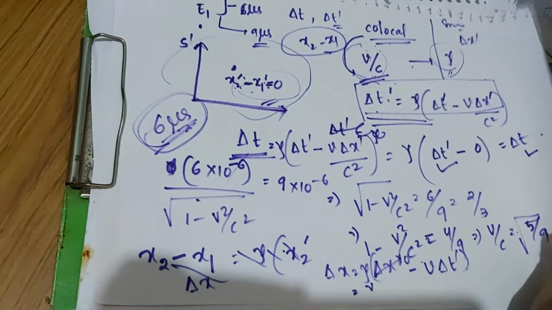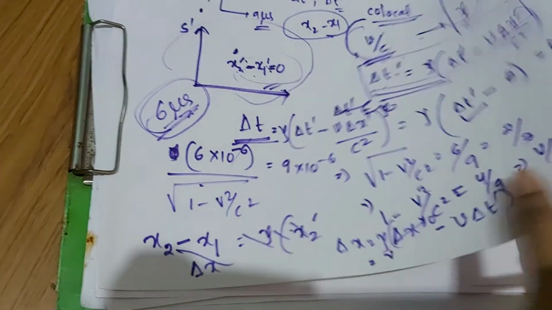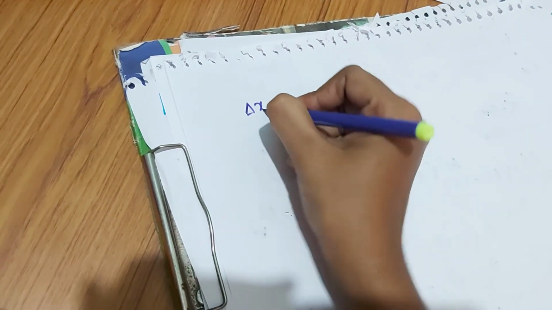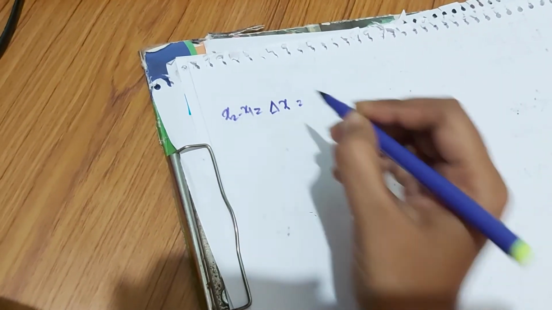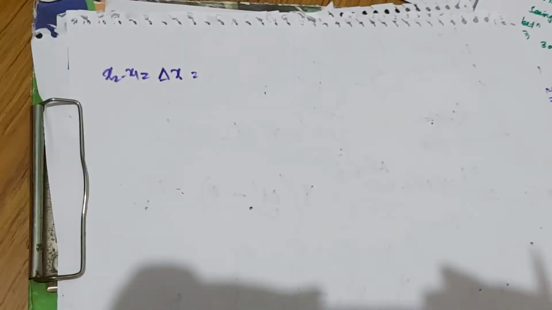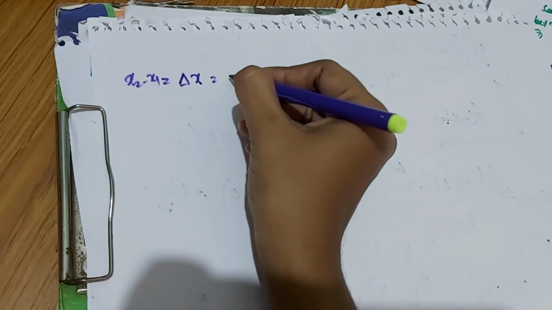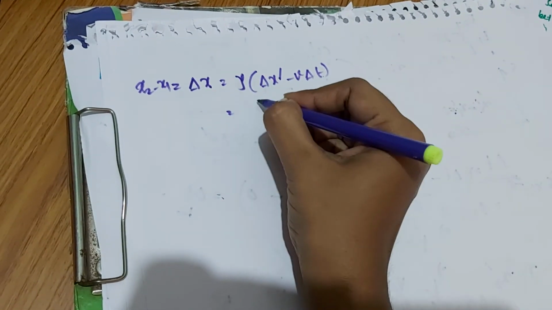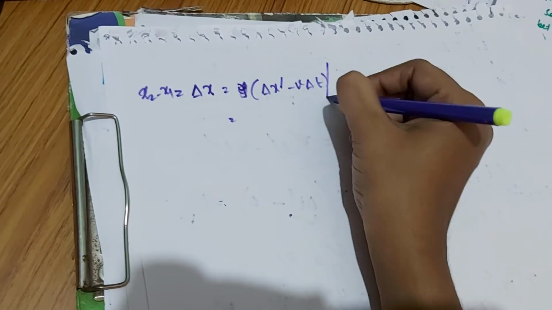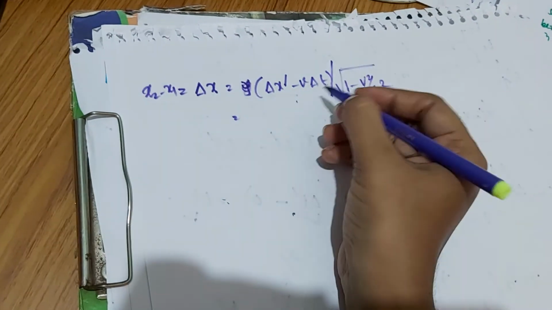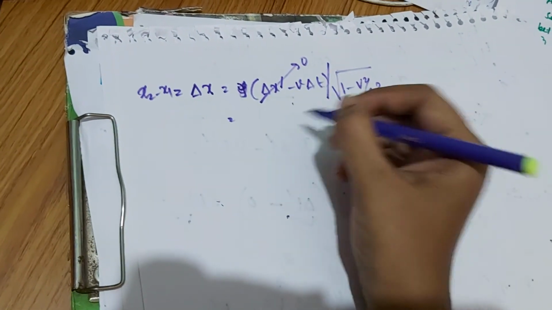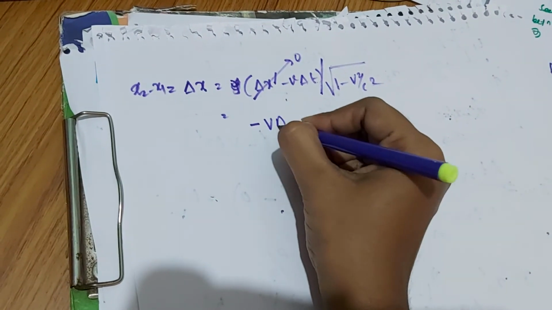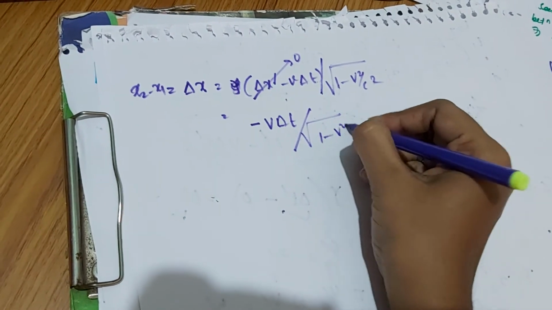Here we have to find Δx, which is x2 minus x1, that is the separation asked in the question. So Δx equal to γ(Δx' + vΔt), and this γ is nothing but 1 over root of 1 minus v²/c². Δx' equals 0, as they are happening at the same place, and this becomes vΔt by root of 1 minus v²/c².